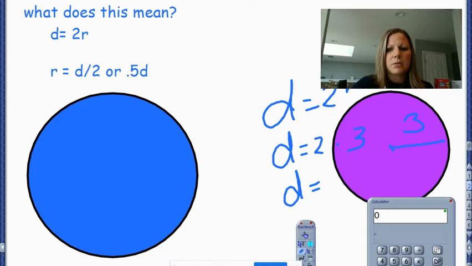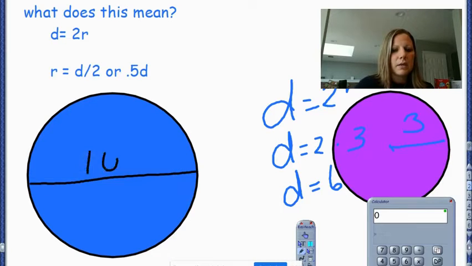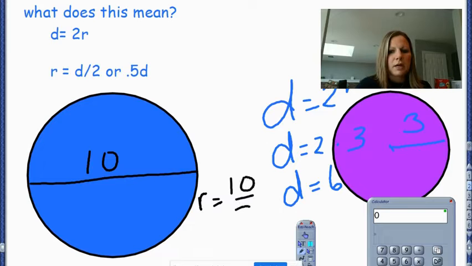So diameter equals 6. And then if I had this problem and my diameter was 10, my radius is half of that. So my radius is going to be the diameter divided by 2. So my radius is going to be 5.